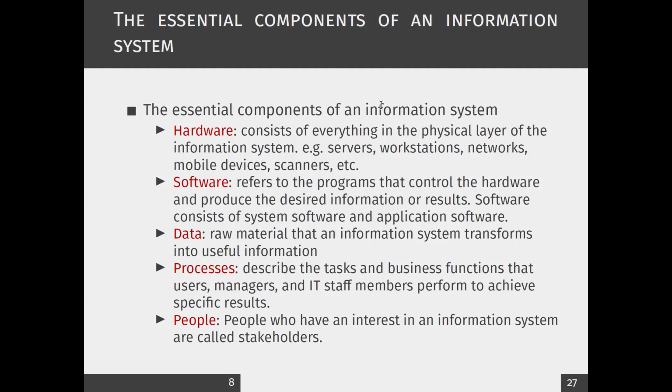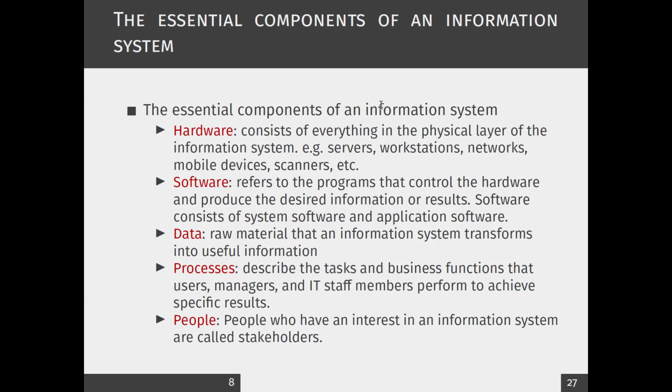Now, when we talk about the essential components, we can see there are 5 different types of components. We have hardware, software, data, processors, and people. Now, when we say hardware, it might be starting from your mobile device, your tablet, your computer, but then it can go to more powerful computer resources like servers, right? So those are called hardware. Then software, which we use to control our hardware and produce whatever the desired information.